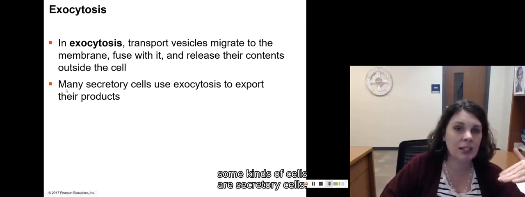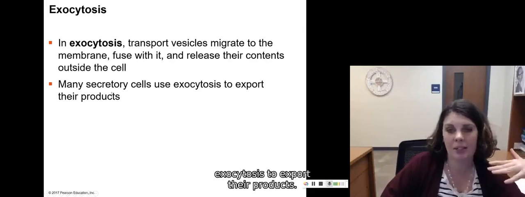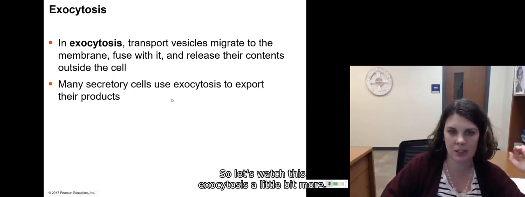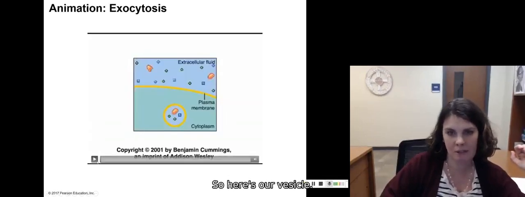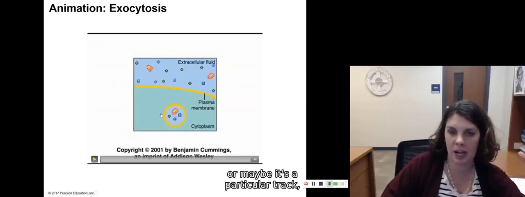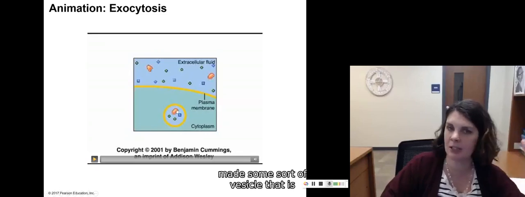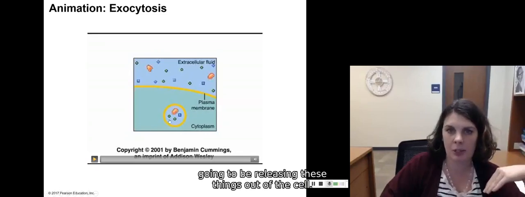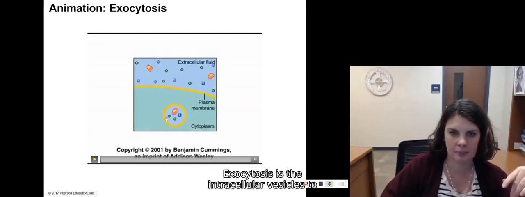Some kinds of cells are secretory cells. They secrete things, and they use exocytosis to export their products. So let's watch this exocytosis a little bit more. So here's a vesicle. Maybe it just came from the Golgi apparatus, or maybe it's a particular type of cell that has made some sort of vesicle that is going to be releasing these things out of the cell.